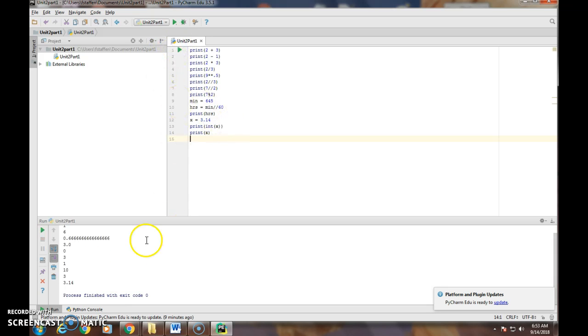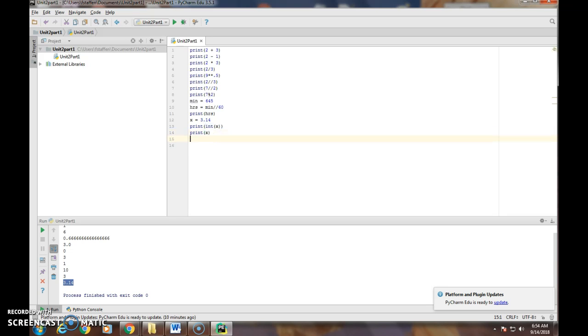And notice x goes back to being 3.14. So here it's converted to 3, so let's just take the integer portion only. But notice when we go to the next line, x goes back to being 3.14 again. So this cast only takes place on this line of code, and as soon as we move to the next line, x goes back to being its original value. Okay, this is called casting.